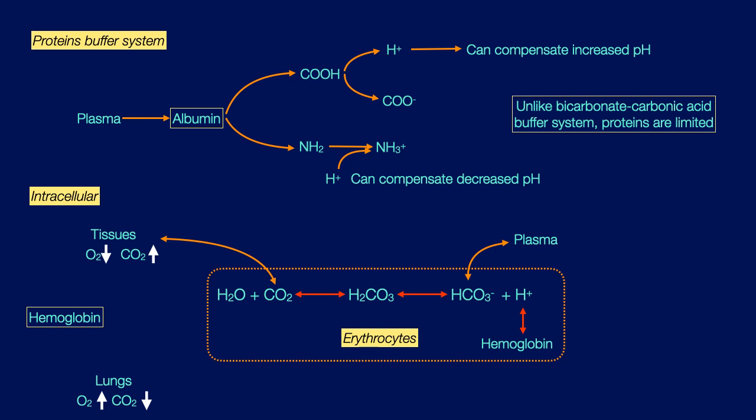So the process reverses and oxygen binds to hemoglobin and hydrogen ions are released. Bicarbonate re-enters the red blood cell and combines with the hydrogen ions to form carbonic acid, which dissociates into water and CO2, and the CO2 gets breathed out by the lungs.